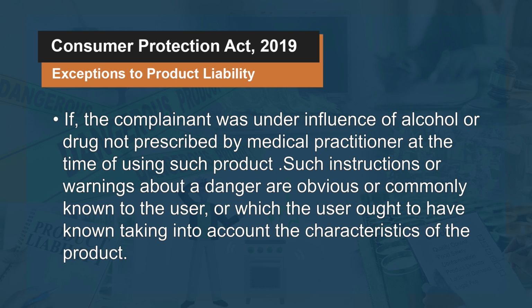If the complainant was under the influence of alcohol or drug not prescribed by a medical practitioner at the time of using such product. Such instructions or warnings about a danger are obvious or commonly known to the user, or which the user ought to have known, taking into account the characteristics of the product.